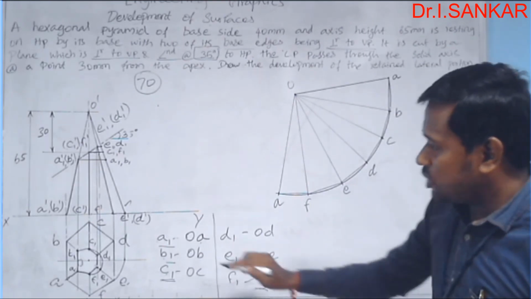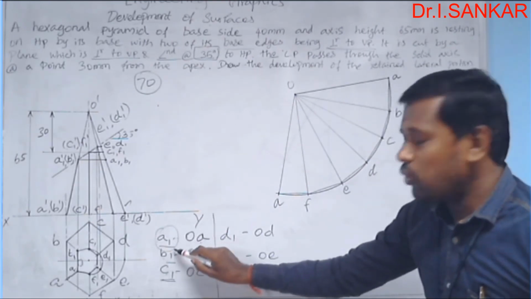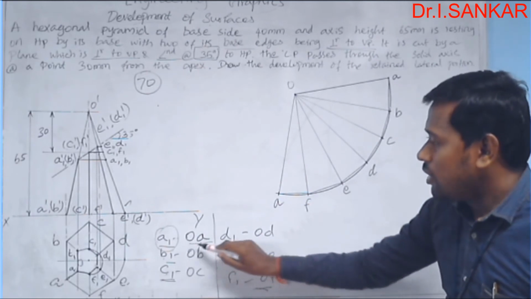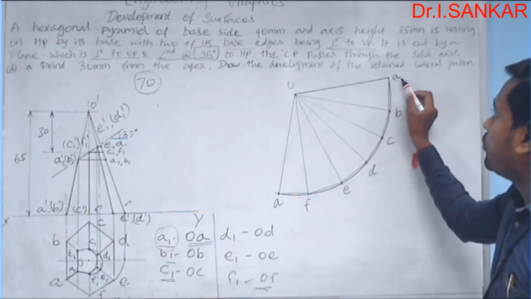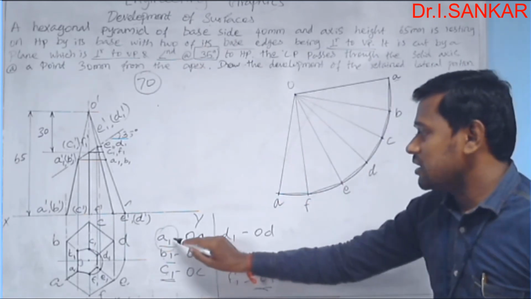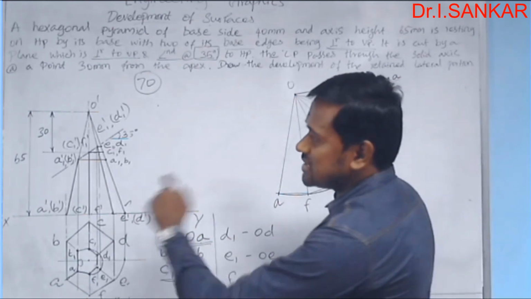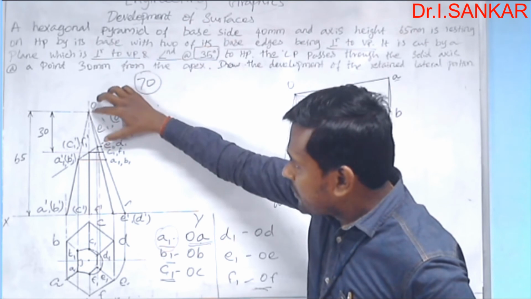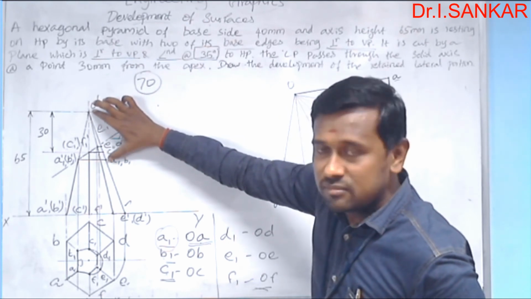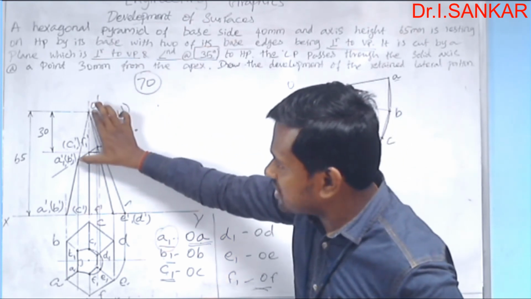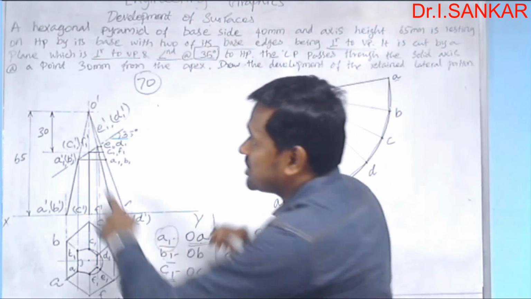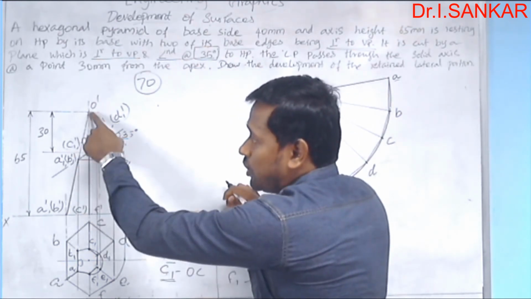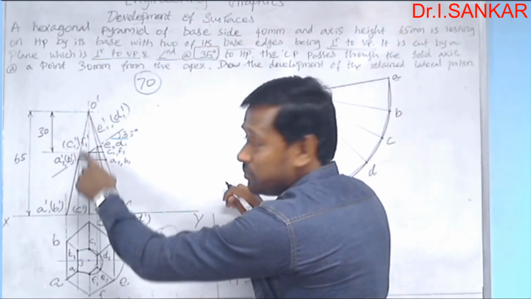So first I need to mark A1. A1 needs to be marked in OA. Okay, in OA only you can mark A1. So what is the distance of A1 from O dash? See here, O dash is here and A1 is there. You should not measure that distance from this line.